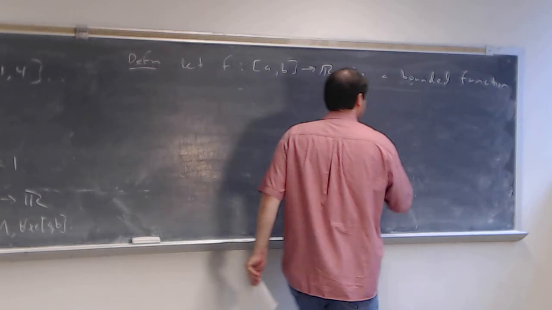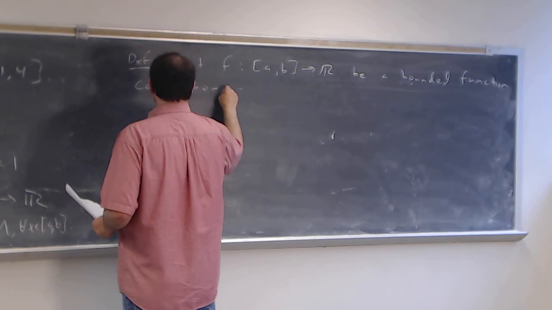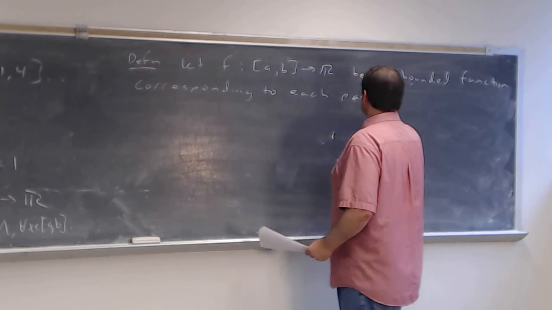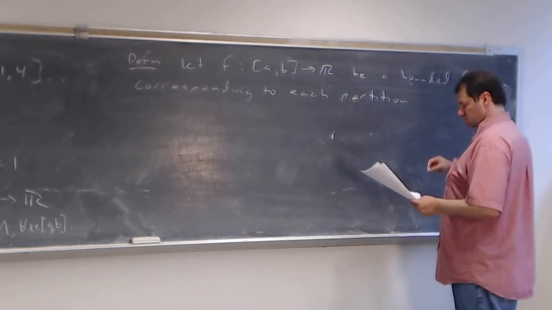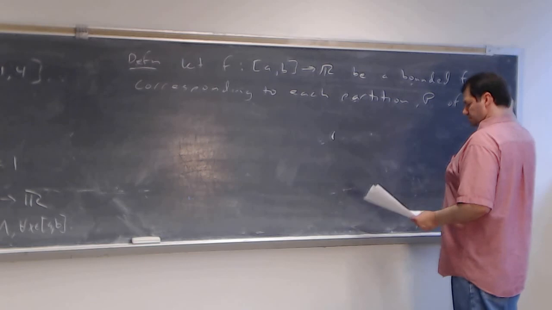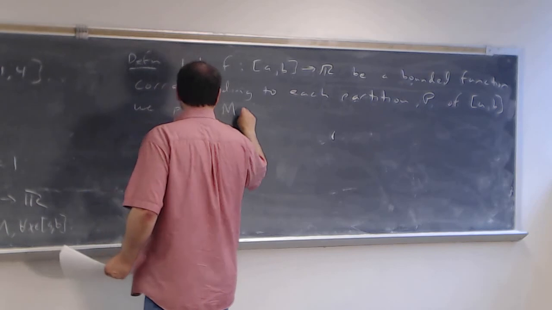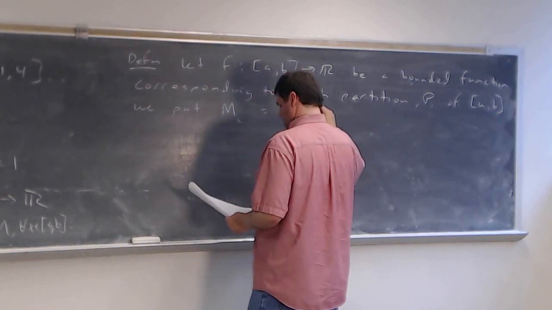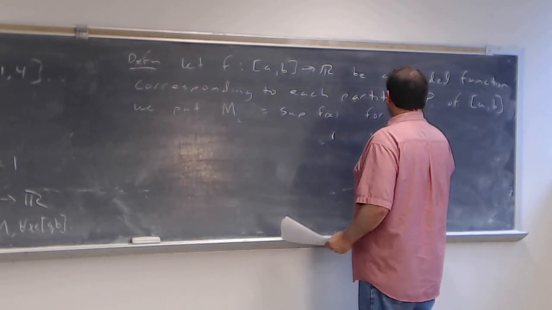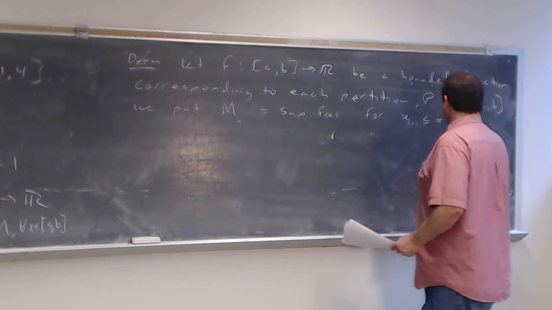Corresponding to each partition script P of [a, b], we put capital M sub i equal to the sup of the f of x's for x from x sub i minus 1 up to x sub i.